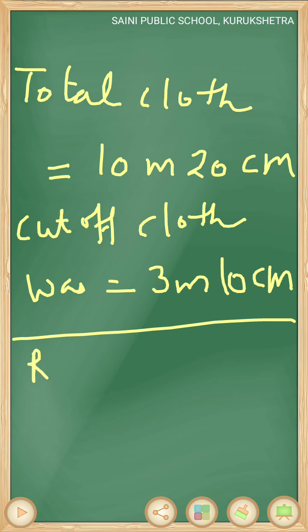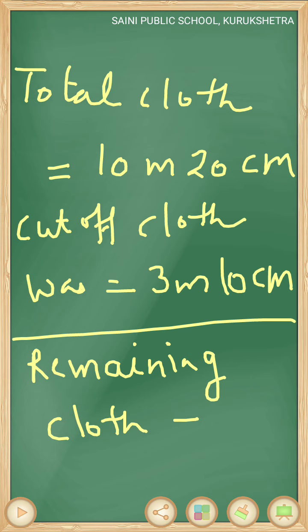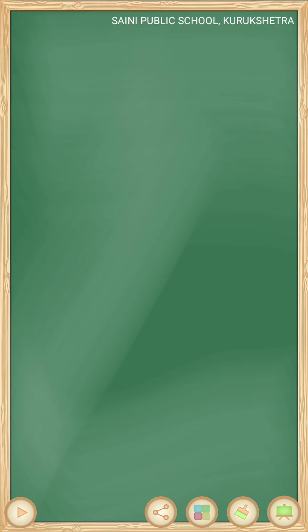So we have to find the remaining cloth. So we will write here remaining cloth, and then we will subtract these two numbers. Now we already learned how to subtract these two numbers. First of all, again write units. Here the units are meter and centimeter. Meter is a bigger unit than centimeter, so first write meter and then centimeter.